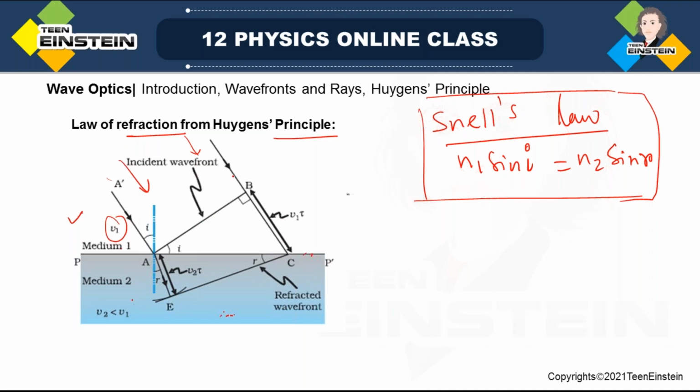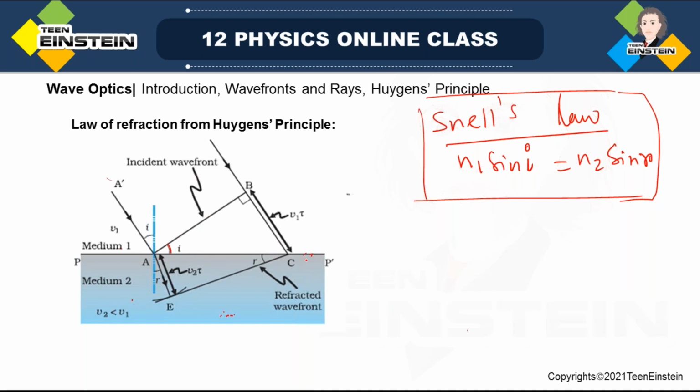As I said, if you draw a perpendicular to the wavefront, it will give you the direction of propagation of the wave. So this AB is the plane incident wavefront, and it is getting incident at an angle i with the interface.